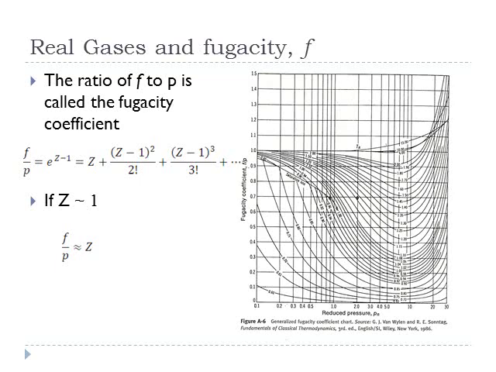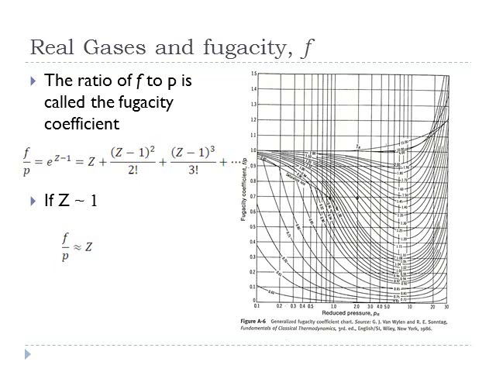Fugacity coefficient is the ratio between the fugacity and the pressure. So fugacity coefficient is dimensionless, and fugacity has units the same as pressure. It could be atmospheres or bars or megapascal.